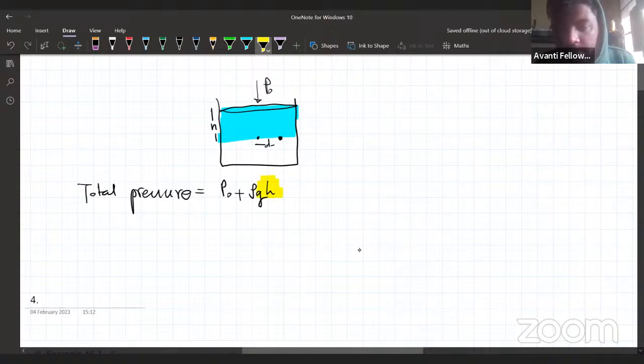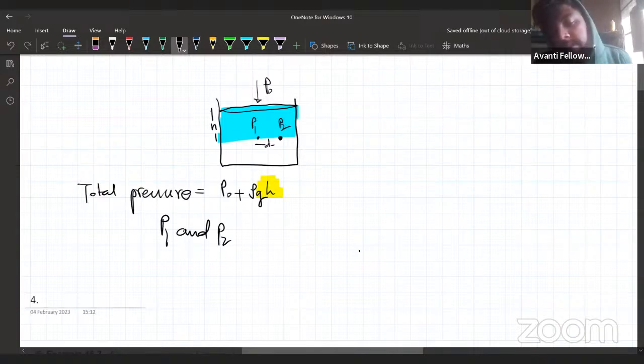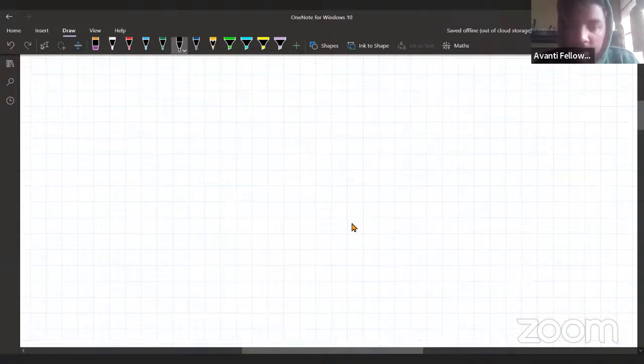So if we are moving horizontally, the change in pressure will be zero. If the pressure at this point is P1 and at this point is P2, the ratio between P1 and P2 will be 1:1, since the pressure will be the same at both points. Hopefully this recall is clear to you all.